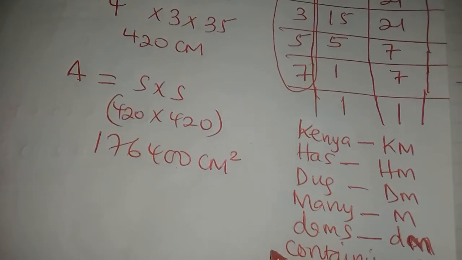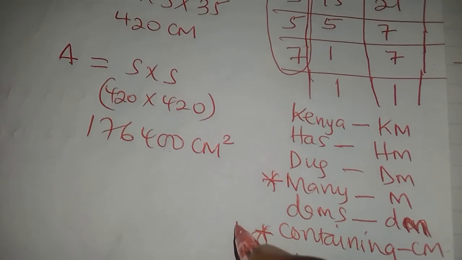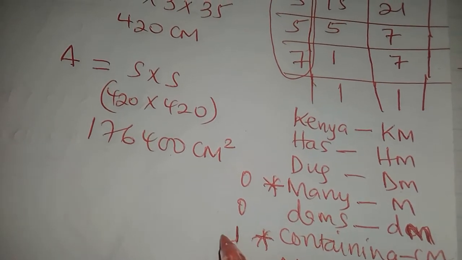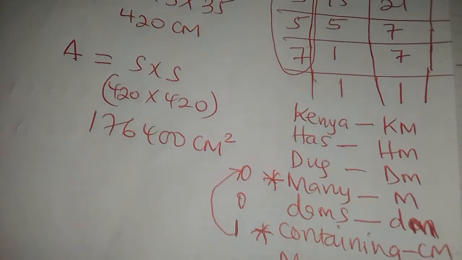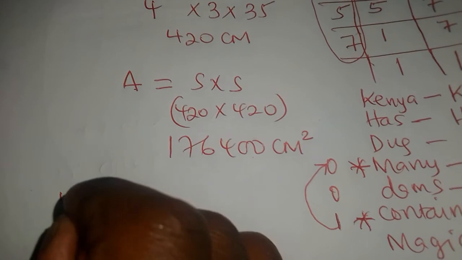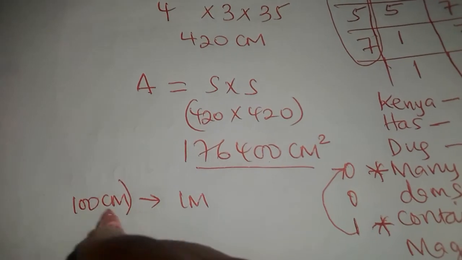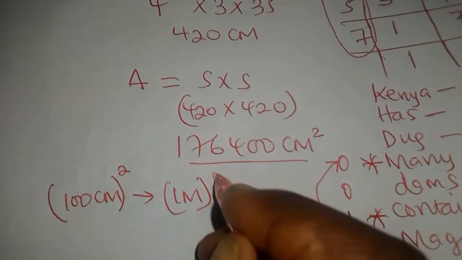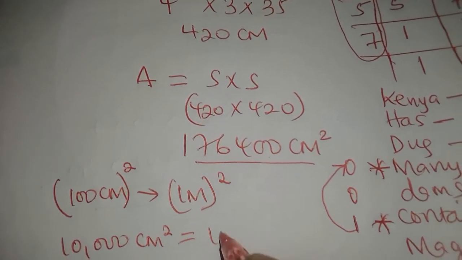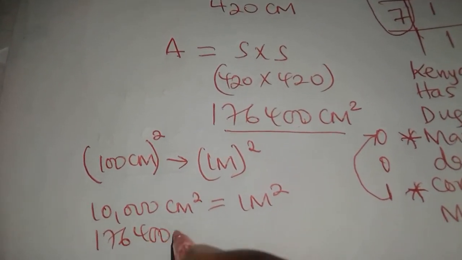I want to see how many centimeters make 1 meter first. I put 1 on the centimeter, then in the other levels I put the zeros. That means 100 centimeters make 1 meter. But now this is the area, so I have to square on both sides. So 10,000 centimeters squared is equal to 1 meter squared. Then what about 176,400 centimeters squared?